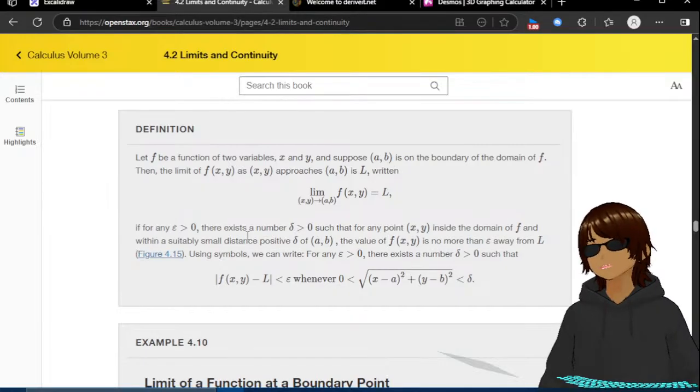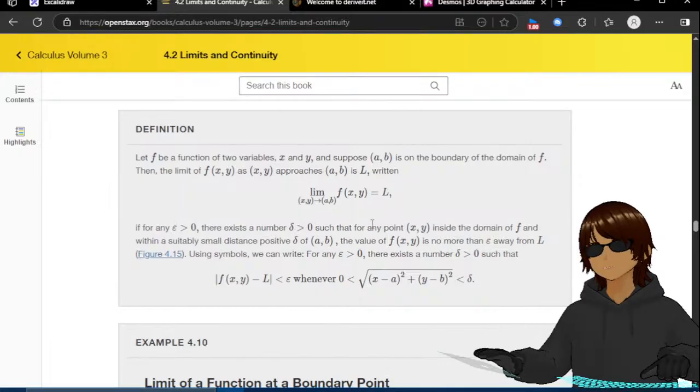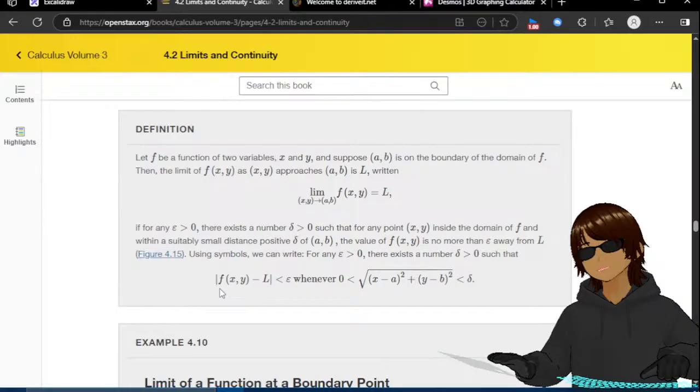Then the limit of f of xy as xy approaches (a, b) is L, written like this, if for every epsilon there exists a delta such that any point xy inside the domain of f and within a suitably small positive distance delta of (a, b), the value of f of xy is no more than epsilon away from L. Using symbols, for any epsilon there exists a delta such that the absolute value of f of xy minus L is less than epsilon whenever all of this is less than delta.